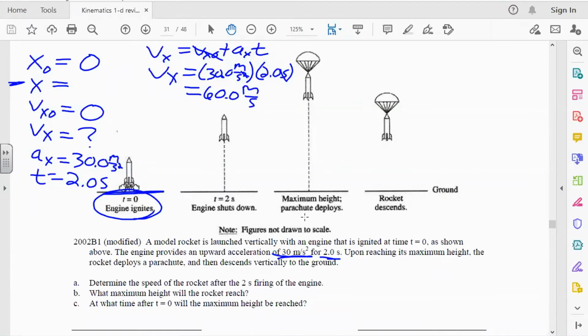So how do you know whether it's preferable to use like a velocity time graph or the kinematic equations? So that's a very good question.